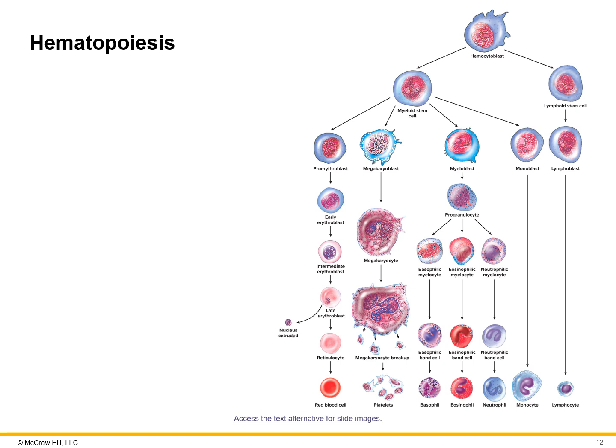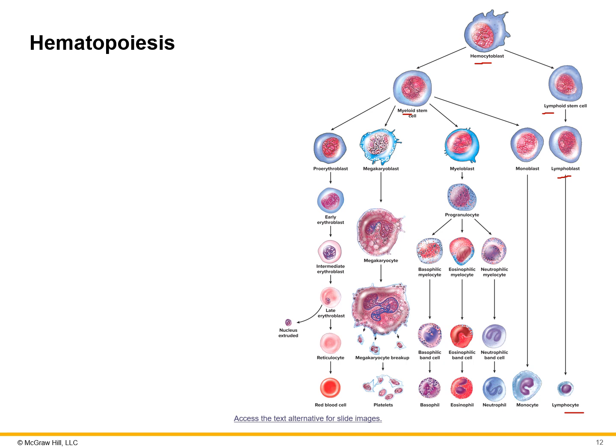So here's a nice little summary flow chart so that we can see that a little bit more visually. Again, those hemocytoblasts become either the myeloid or the lymphoid stem cells. Lymphoid only become lymphoblasts to become lymphocytes, one of our agranulocytes.